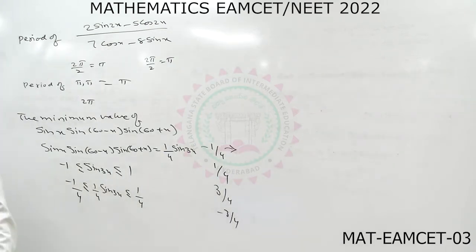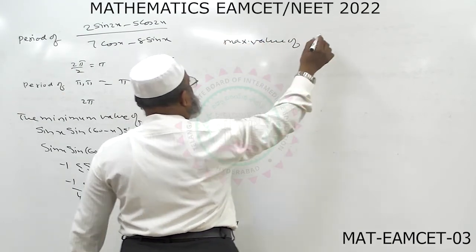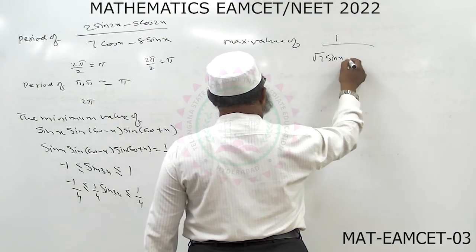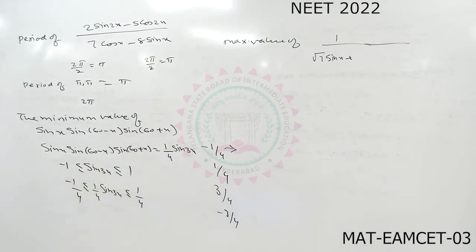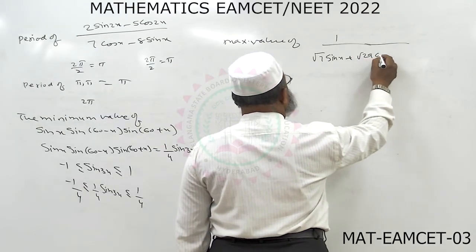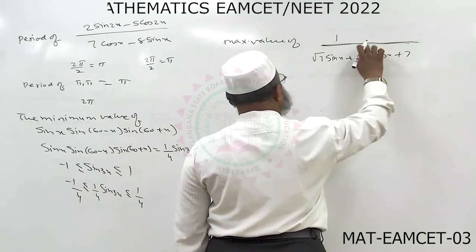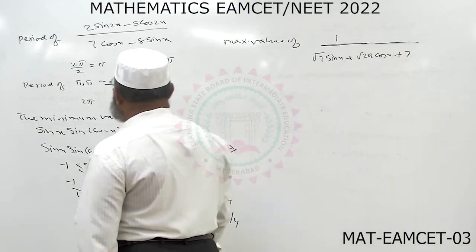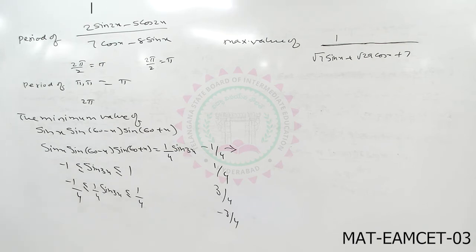The maximum value of 1 by root 7 sin x plus root 29 cos x plus 7 is... what is it asking? The maximum value of 1 by (root 7 sin x plus root 29 cos x plus 7).